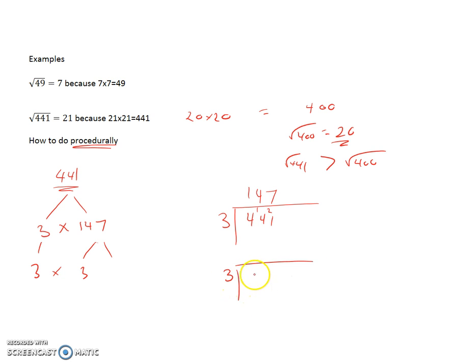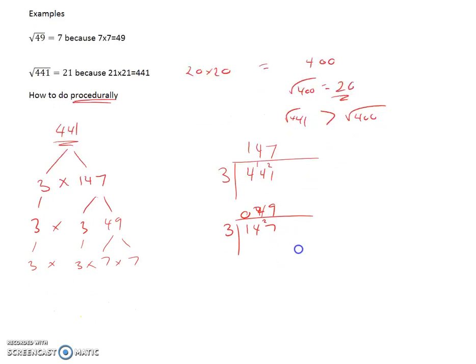How many 3's into 147? 0, 4, 2 left over. 4 goes in, 2 left over. And how many 3's into 27? The answer is 9. So that means I can write 147 as 3 times 49. Alright, then I should see that this is a perfect square, and that's 7 times 7.